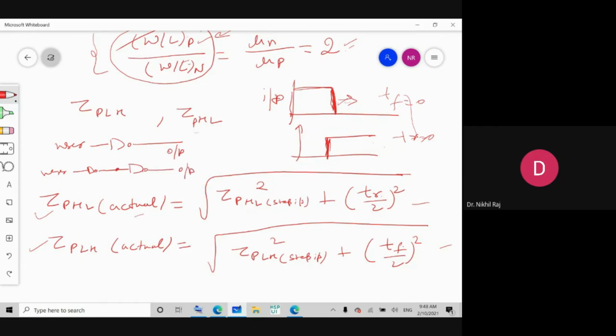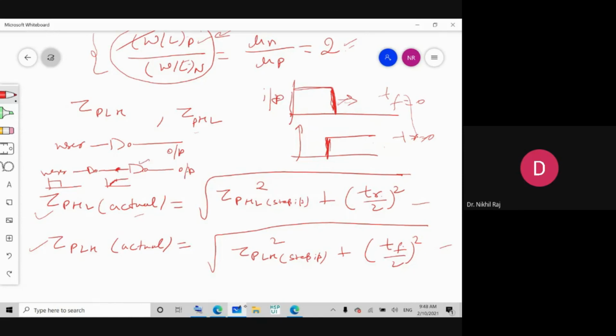Since here the ideal input was there, the output curve of the first inverter was somewhat rising, so a rise time comes in. Whatever the low to high transition time is, this will provide some rise time to the next inverter.